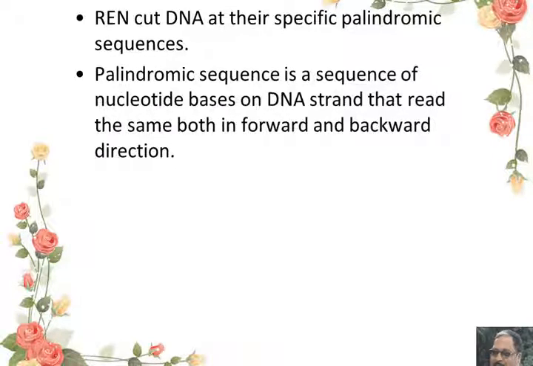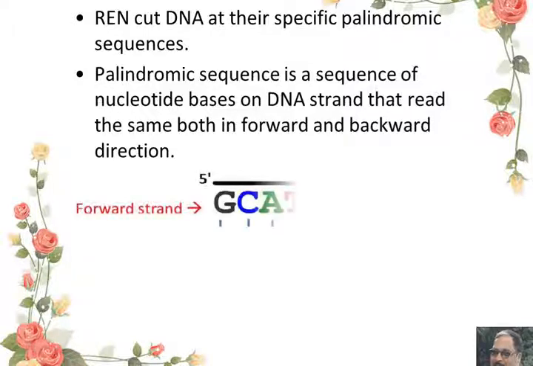Now, these restriction endonuclease enzymes cut DNA at specific palindromic sequences. A palindromic sequence is a sequence of nucleotide bases on DNA that reads the same in both forward and backward direction. For example, here you see a DNA strand.